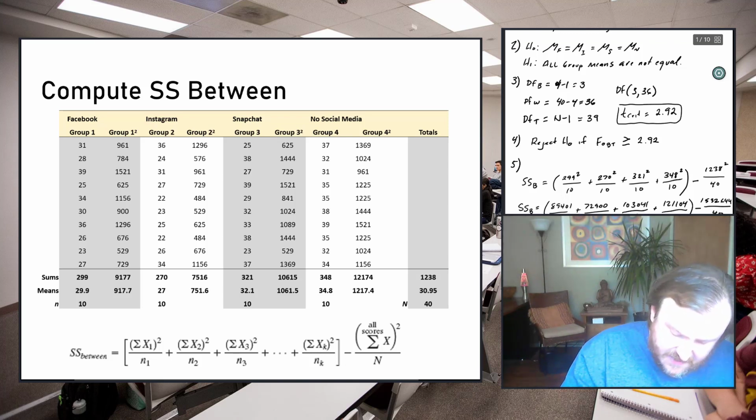And this reduces down to 8940.1 plus 7290 plus 10304.1 plus 12110.4 minus 38316.1.